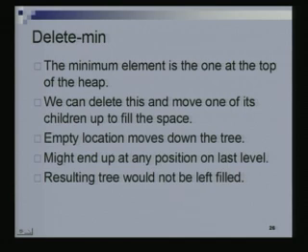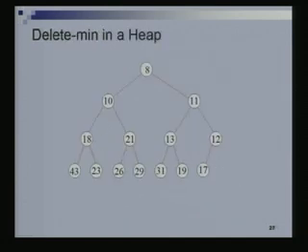Just to illustrate what I am saying here, let us look at this picture. We are trying to delete the minimum element from the heap, which is 8. So, suppose I were to do that. This creates an empty location here. Now, I am going to take the smaller of the two children and move it up here.